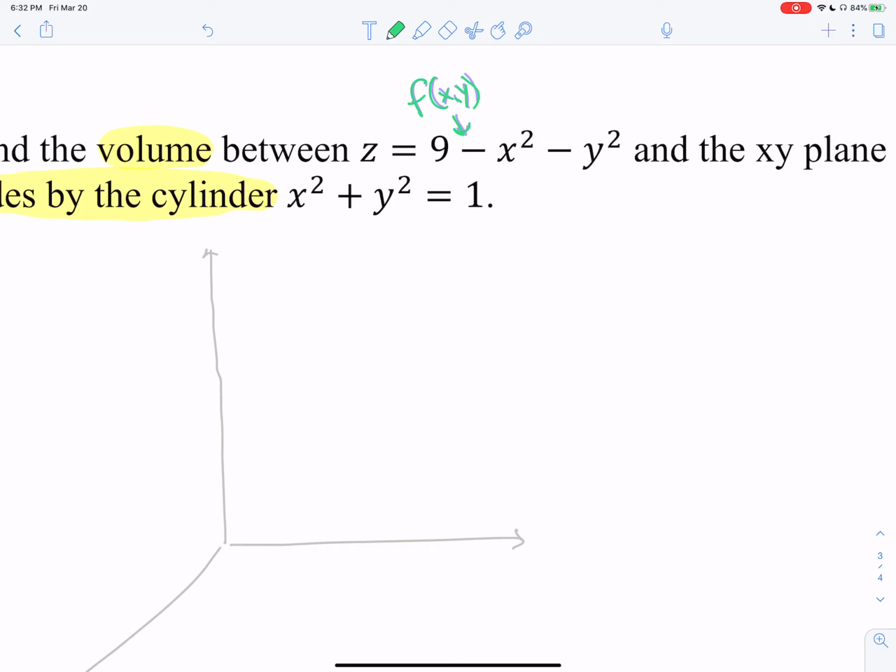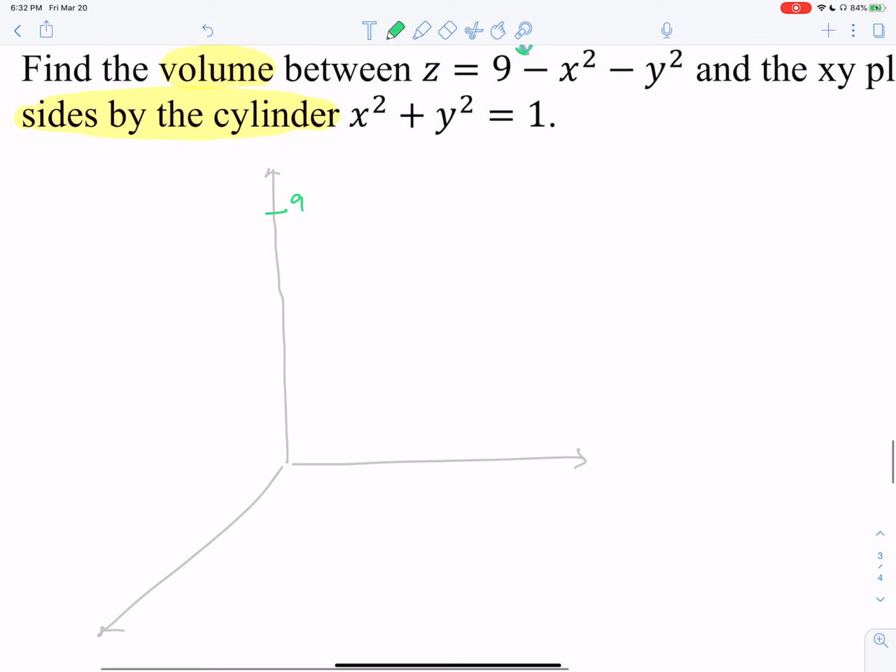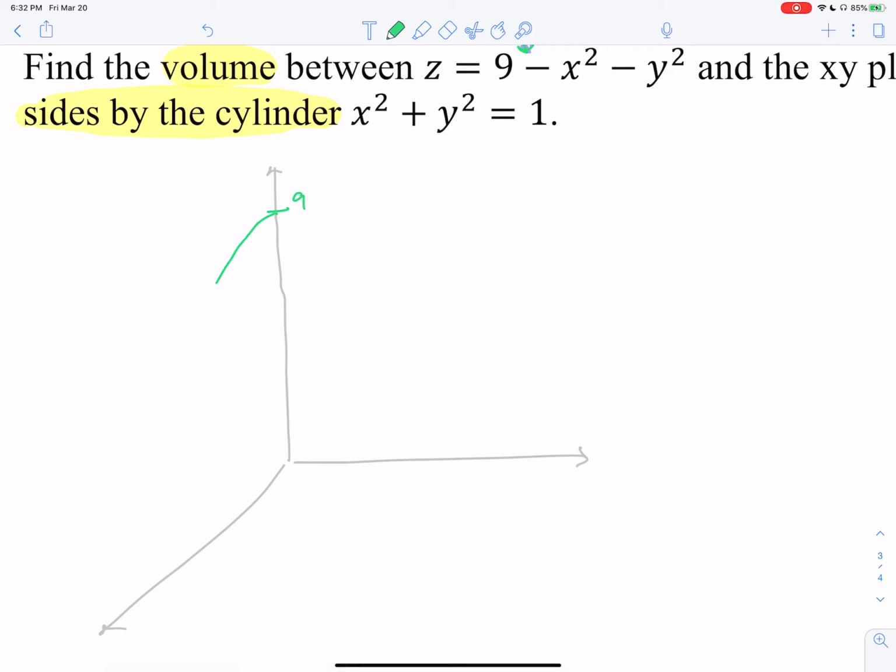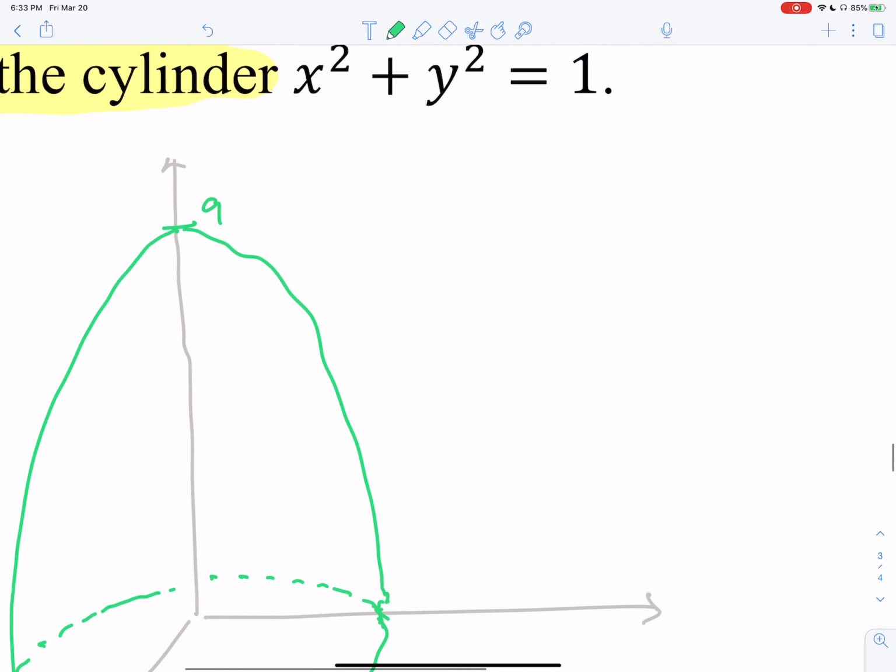All right, so starting at a height of 9, it's going to be a paraboloid that opens down like this. Right, it'll intersect the xy plane and make a circle. So that's your surface F.